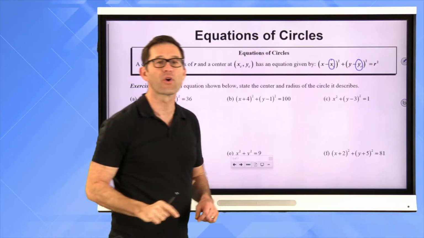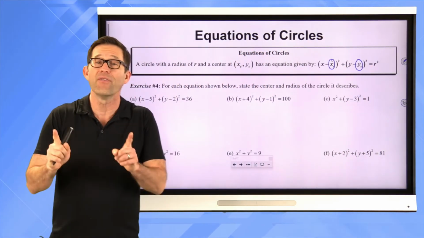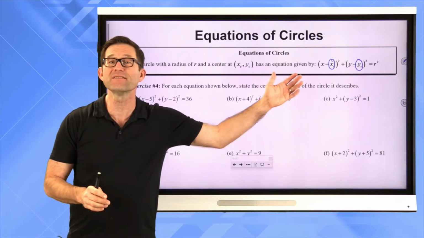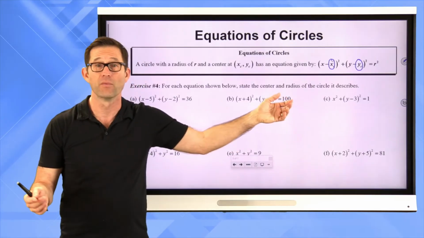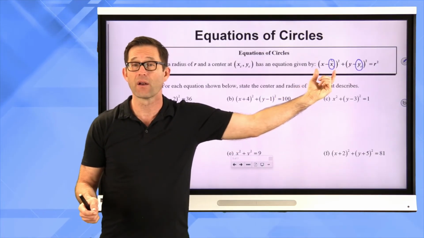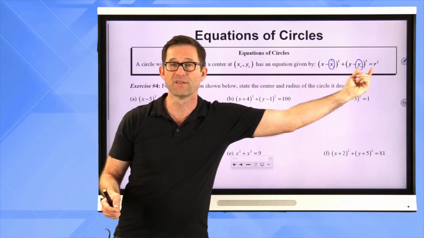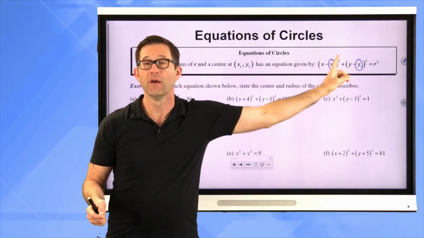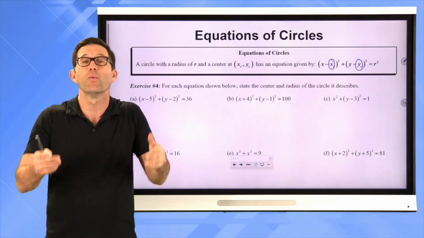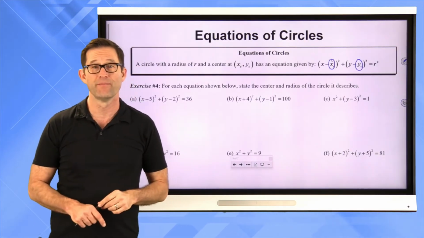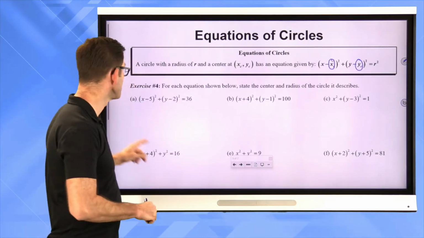They are going to be the coordinates of the center. And those coordinates are going to be subtracted because this is just the distance formula, or the Pythagorean theorem, where this is the horizontal leg, that's subtraction, and this is the vertical leg, that's subtraction. We square them both, and we get the square of the hypotenuse, which is still the radius of the circle.